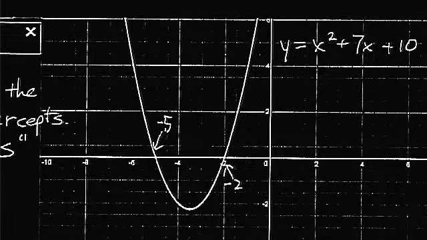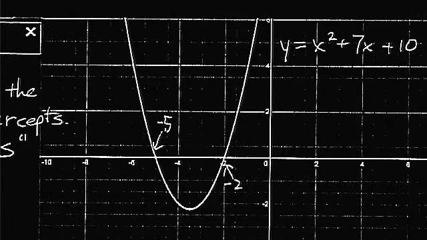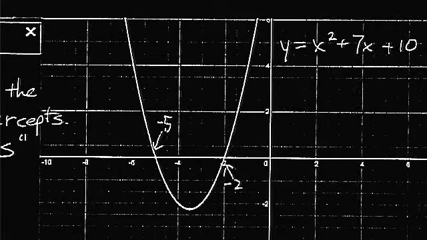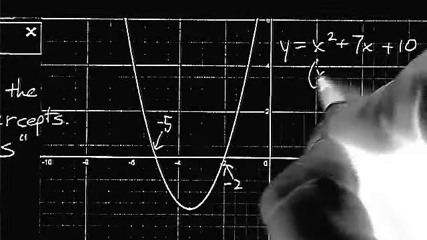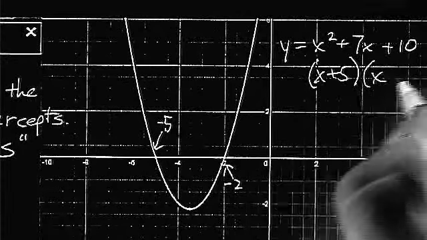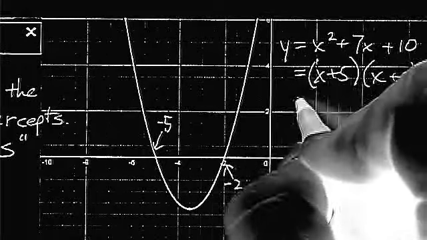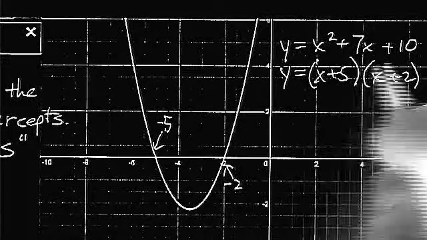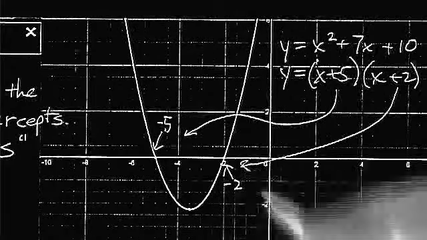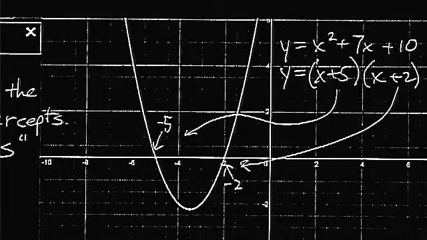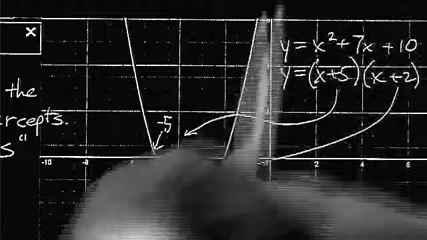So there's a connection that you should be making in your mind between the idea of factoring and an x-intercept or a 0. So when we factored this and got x plus 5 and x plus 2, we should be able to locate the zeros of the function where it crosses the x-axis. So keep that in mind as we keep moving through this idea.